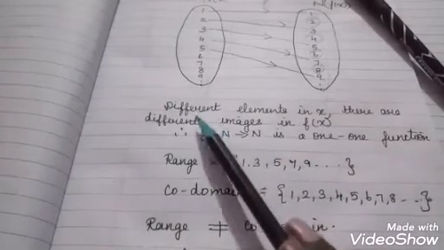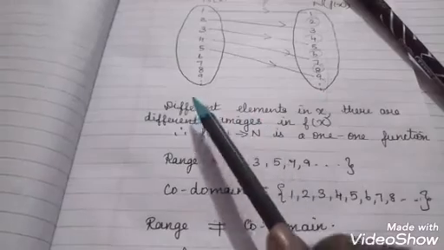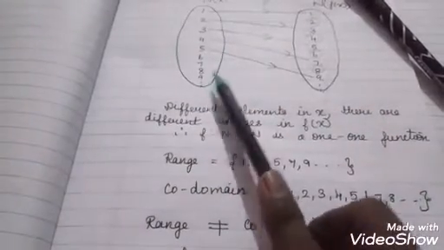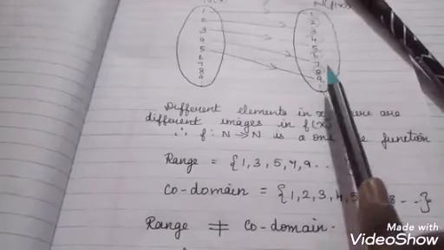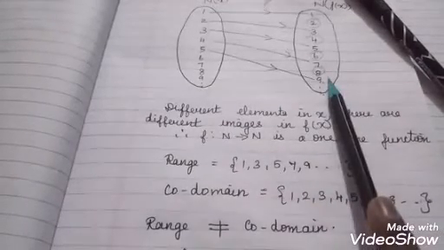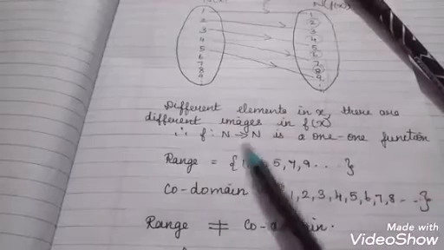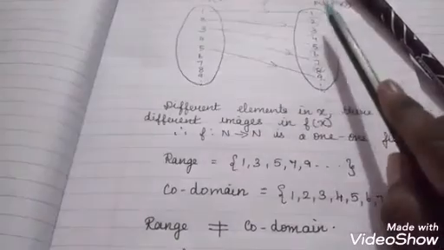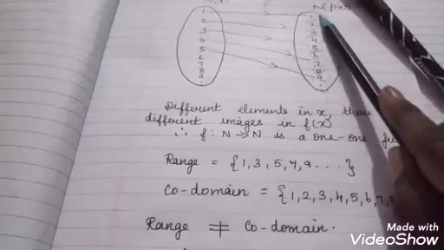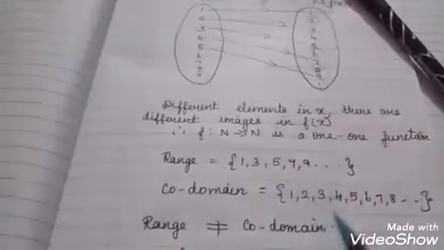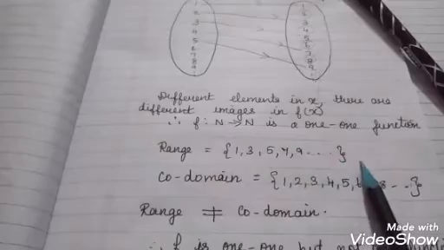So how have I written it? You see, for different elements in x, there are different images in f of x. So I can say that f from N to N is a one-to-one function. What is the range? 1, 3, 5, 7, 9, etc. Don't forget to write this etc. here.